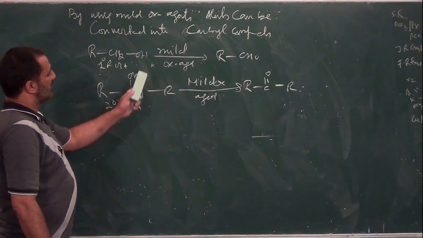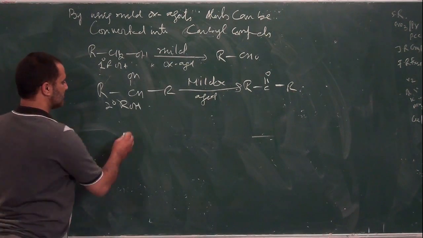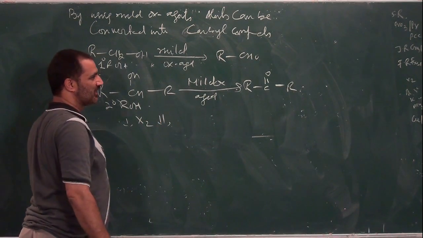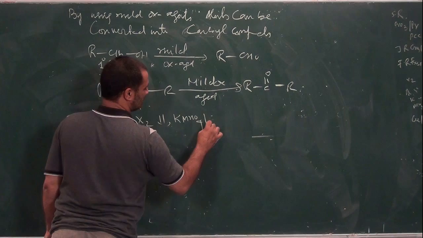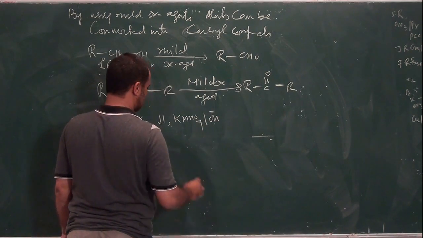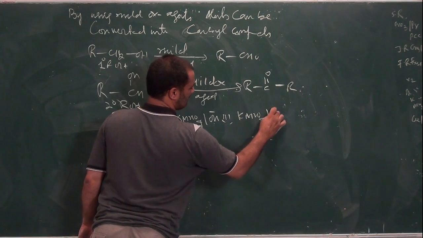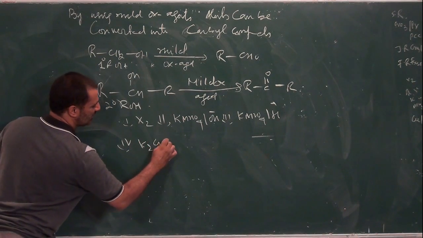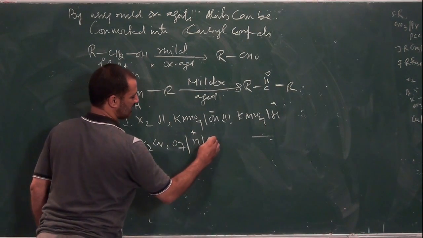Now, which mild oxidants can you use? Number one, it is X2, that's halogen. Second, KMnO4, OH negative. Third, KMnO4, H positive. Fourth, K2Cr2O7, H positive and heat.